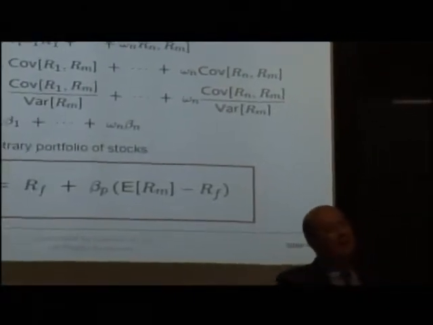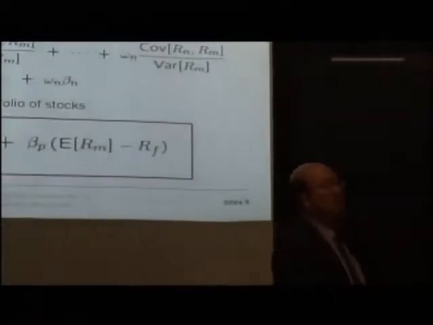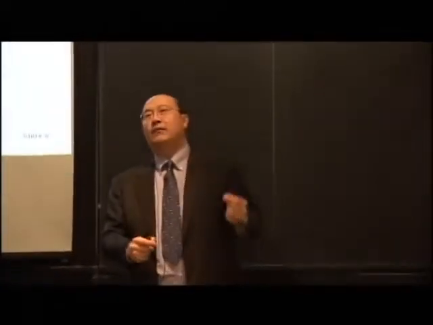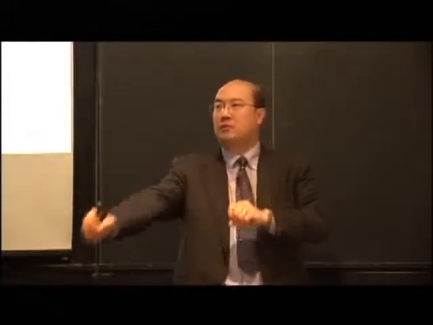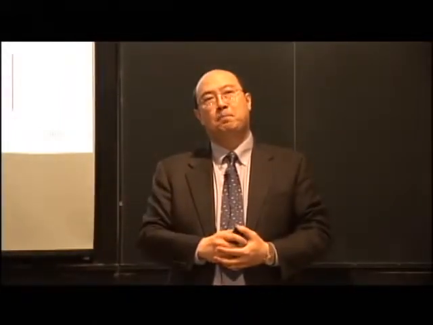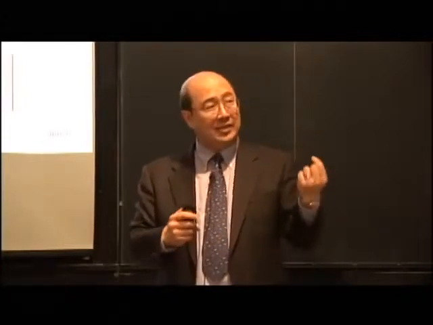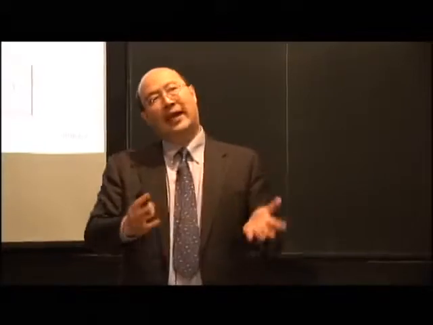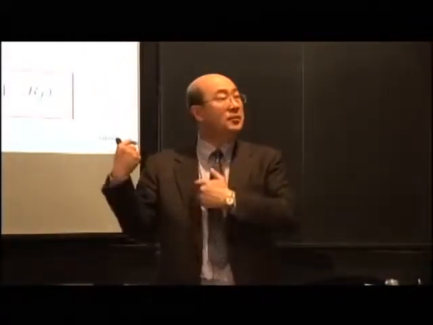This now allows you to analyze the expected return on anything, any collection of assets. If you know what the betas are for the individual components, you know what the betas are for the whole thing, right? So now you can calculate the appropriate rate of return for virtually anything. And this is not just limited to stocks.